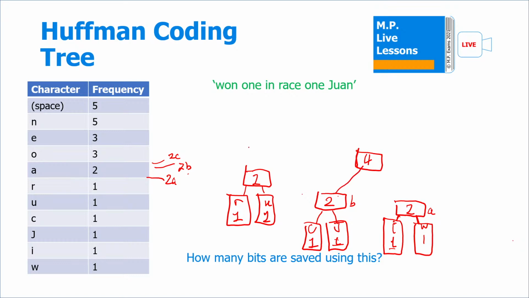So you group these again into another tree of its own. We'll just tick off all the characters we've done.